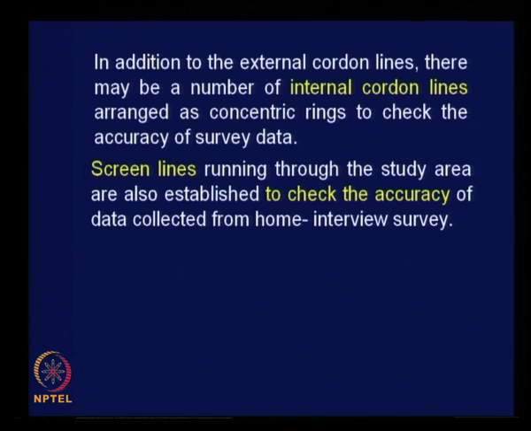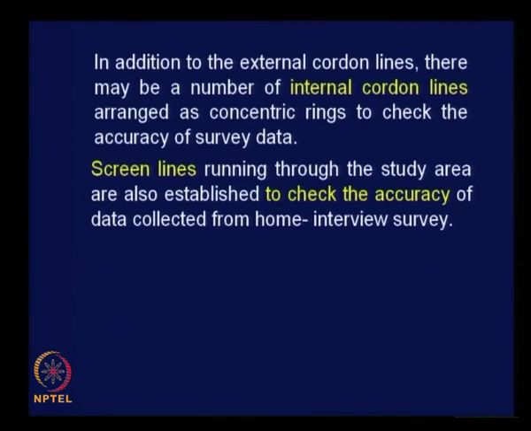Then if there are say 5 crossings across the railway line, and if you count the traffic at all the 5 locations, you can get clear information about the crossing traffic from one half of a city to the other half. You would have already collected information on each portion as well as for the whole of the city. So this cross checking will facilitate to identify possible errors in your data set. That is the purpose of making use of this kind of screen lines also to cross check your data.